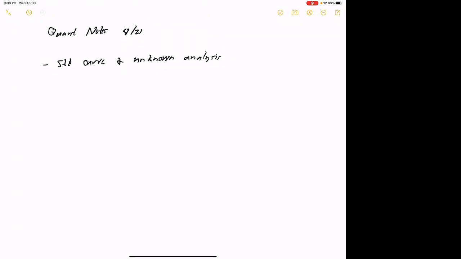Basically, we got a bunch of absorbances for a series of standards, and we are going to make a standard curve. Now, it's a Beer's Law plot, pretty much just like the iron analysis was, where we're going to be measuring absorbance on the y-axis, and your x-axis is going to be parts per million of glucose. Okay, so these are for your standards.